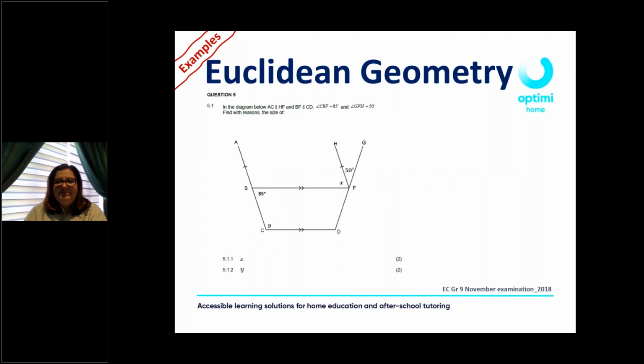Right, so as I mentioned, I have taken old question papers. So I did a bit of research and went to look at stuff that you can't just find easily, where we usually look for old question papers. And I came across this paper from 2018, and it's the November examination of the Eastern Cape for grade 9.